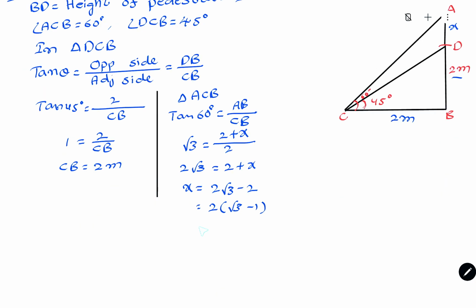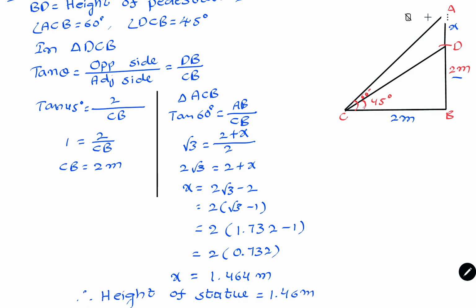We know the value of √3 is 1.732, so 1.732 minus 1 is 0.732. Multiply 2 into 0.732, then we will get 1.464 meters. This is the length of the statue. Therefore, the height of the statue is 1.464 meters.